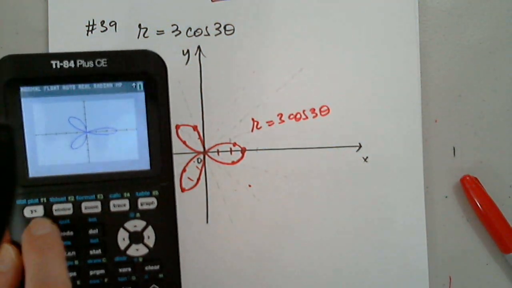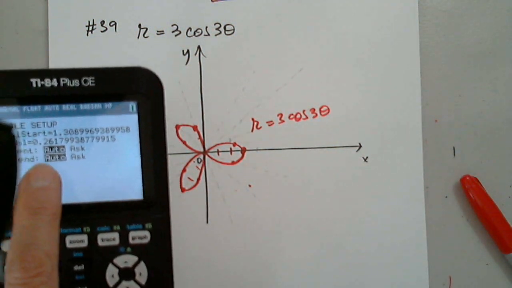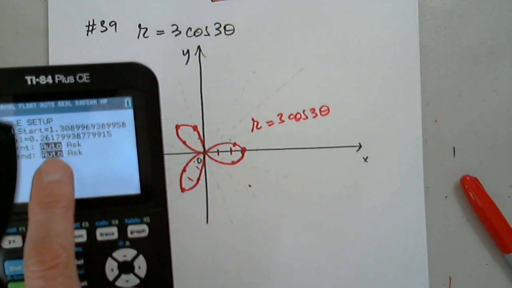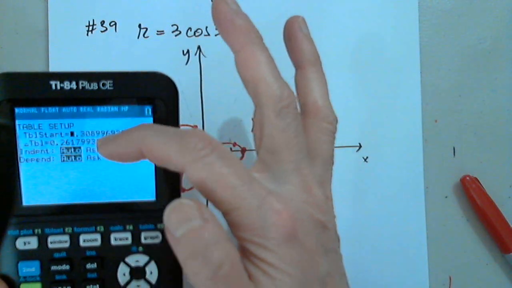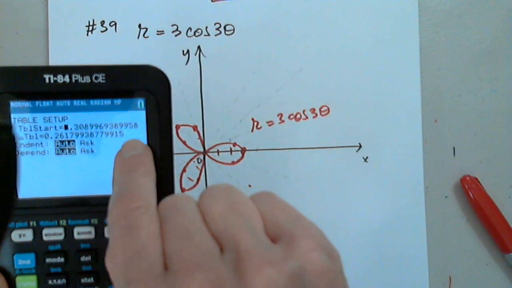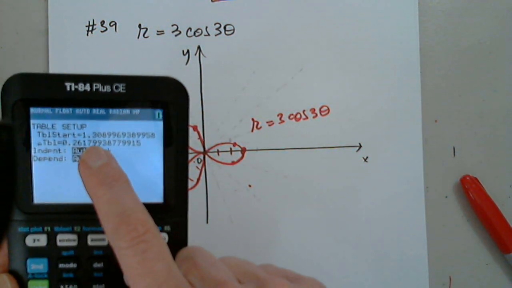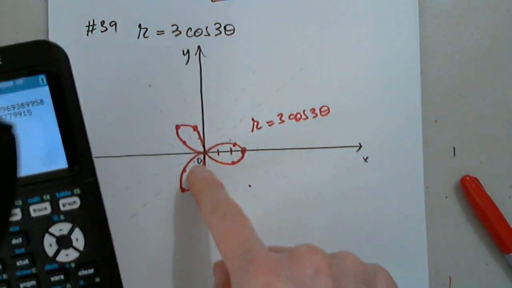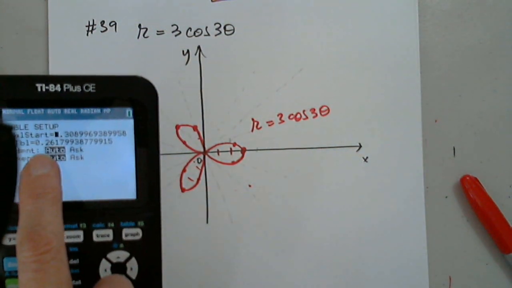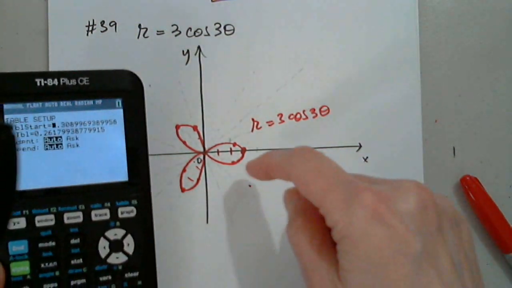You have to change the table from ask mode for the independent into auto, and make sure you use the increment that you need, which is here. So you start at 0, as we did initially. It changed because I changed the viewing window, but the increment is important.